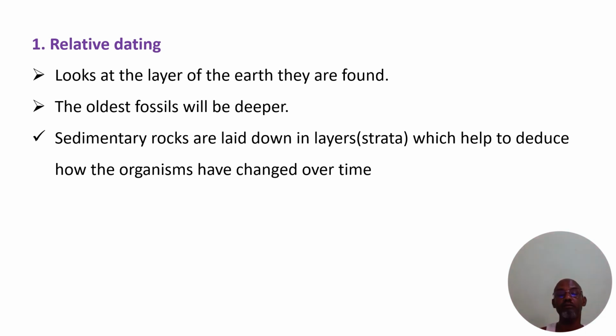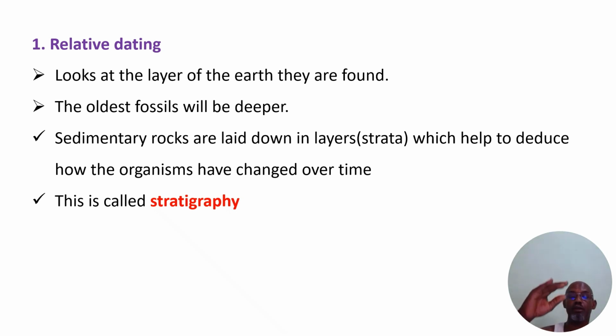Sedimentary rocks are laid down in layers, or strata, which help to deduce how organisms have changed over time. This is called stratigraphy. That means the sedimentary rocks in a land system formed at different times form layers.